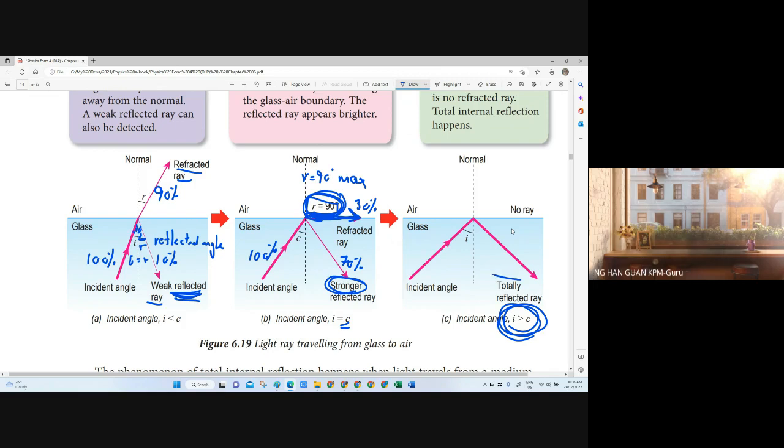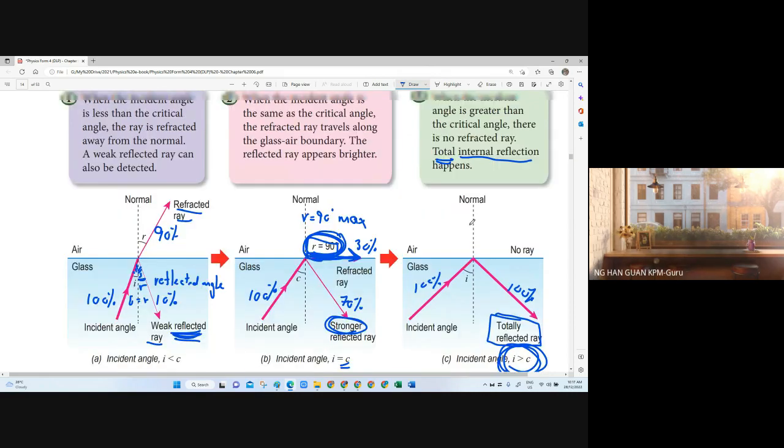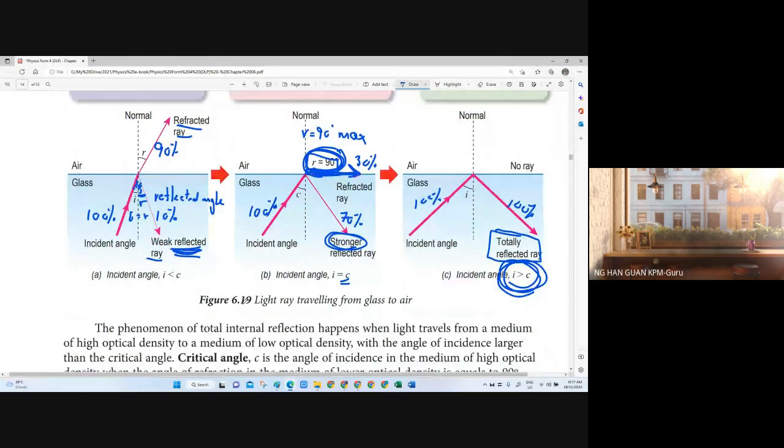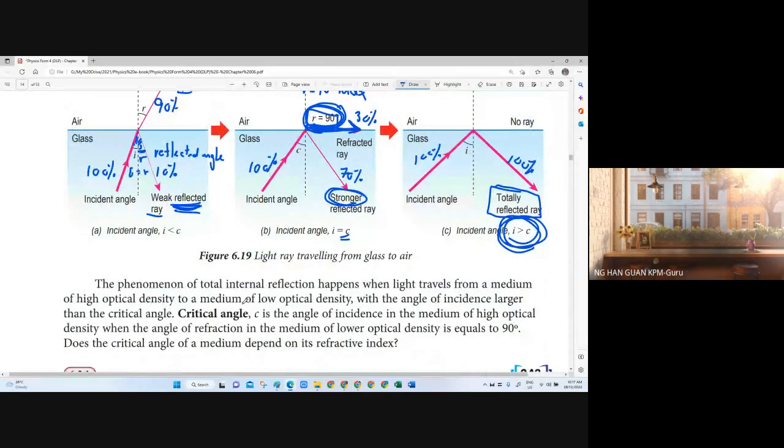That's why we call it a totally reflected ray. So now it is 100%. That's why we call it total internal diffraction. There's no portion outside. Okay, sorry. So this is for the total internal diffraction phenomena.